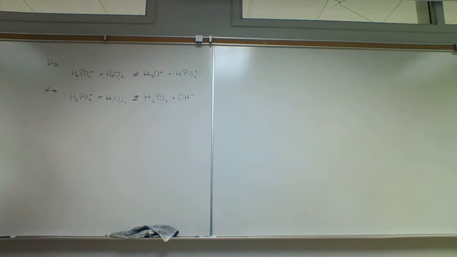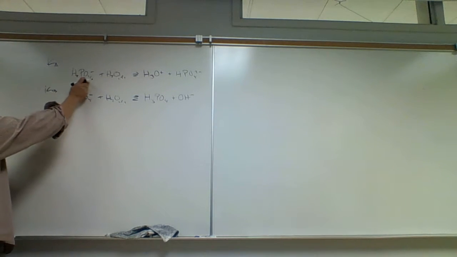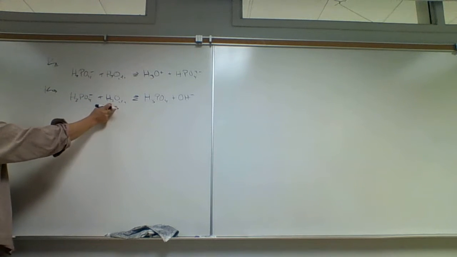We had these two equations up. We just got to this point. This is an amphoteric species, so there's a Ka here and a Kb here.